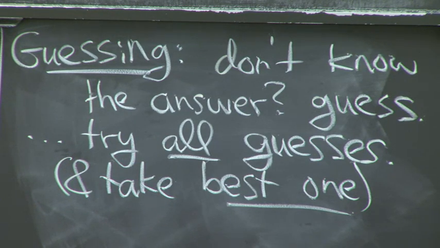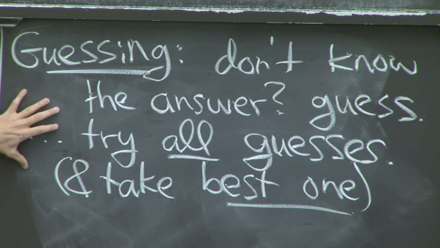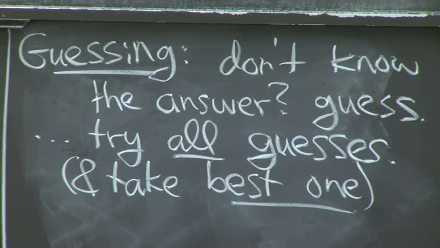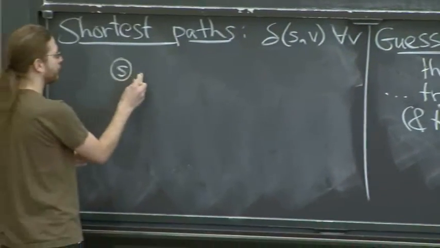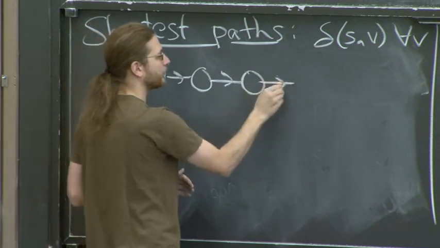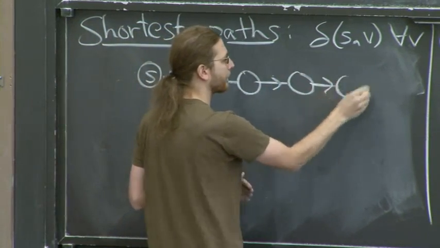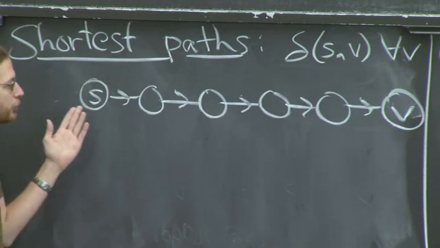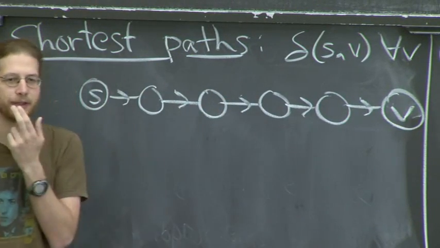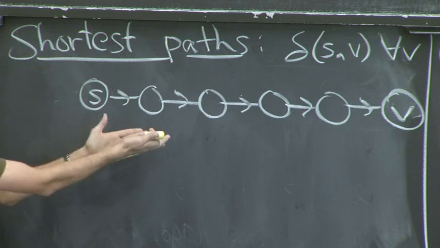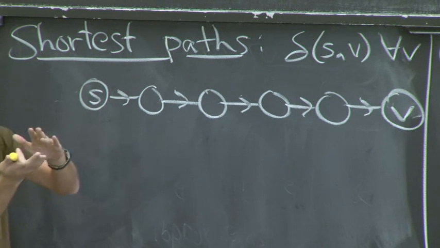OK, so now I want you to try to apply this principle to shortest paths. Now, I'm going to draw a picture which may help. Have the source S. We have some vertex V. We'd like to find the shortest path from S to V. Suppose this was it. You have an idea already?